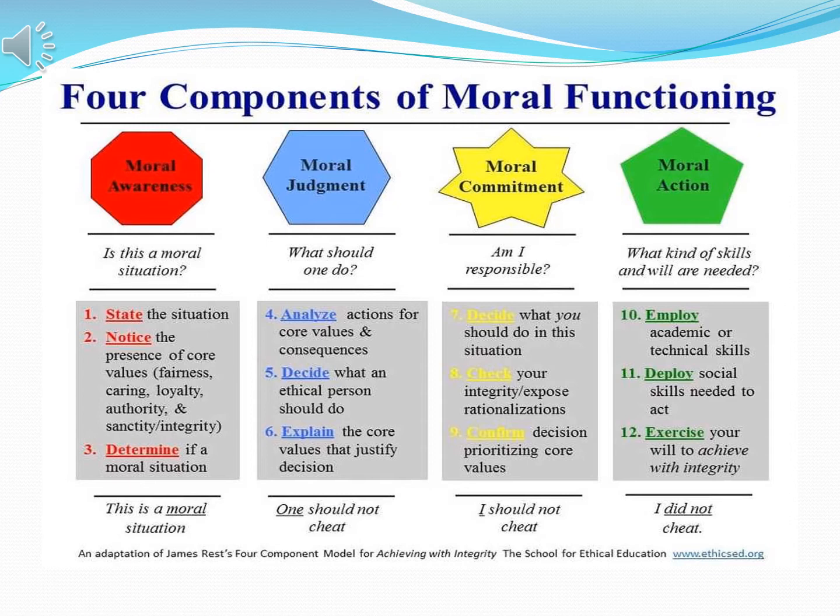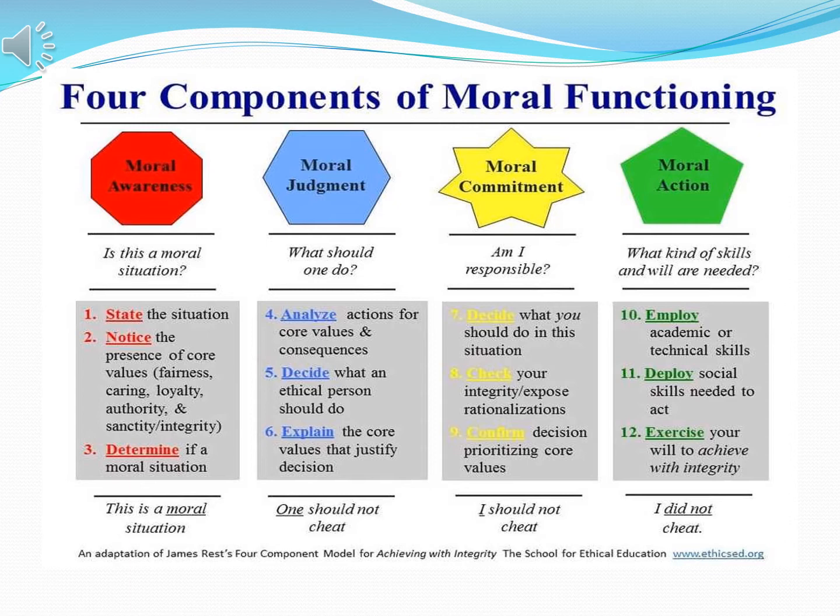So then what is the moral judgment? What should one do? Analyze the action, core values and consequences. Like we gave the example, if there is an issue of fairness, caring or carelessness, fair or unfair, loyalty or betrayal, authority or responsibility, if you have authority or you don't have authority.